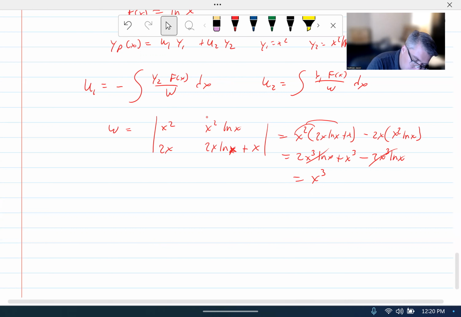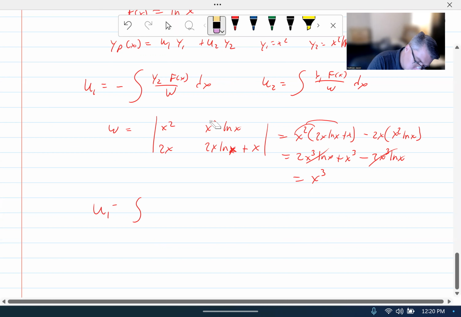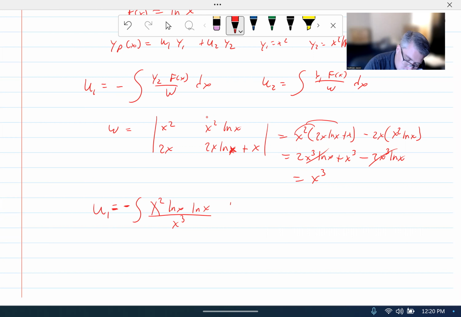Now, let's plug this into our integrals. Negative of the integral of y2, which was x squared natural log of x, times f of x, which was natural log of x in this case, all over x cubed dx.